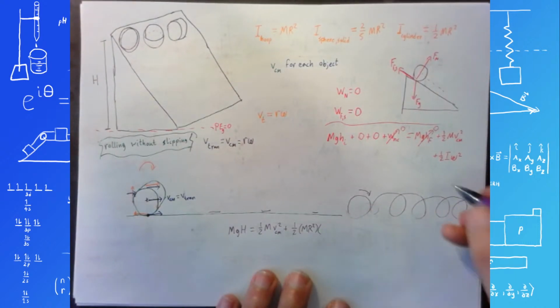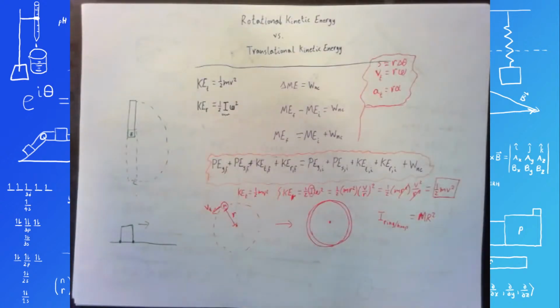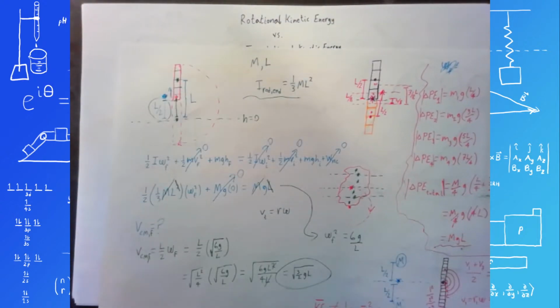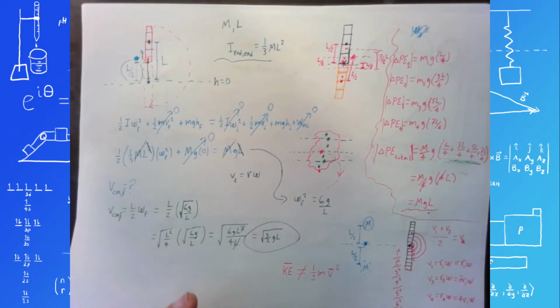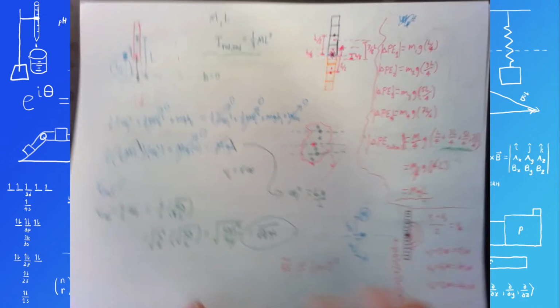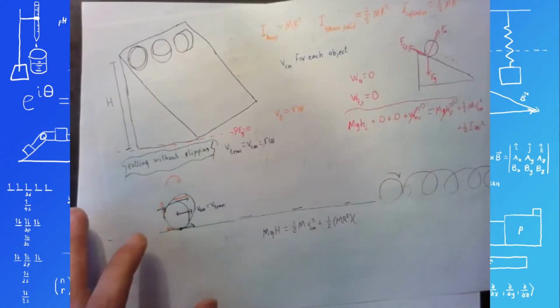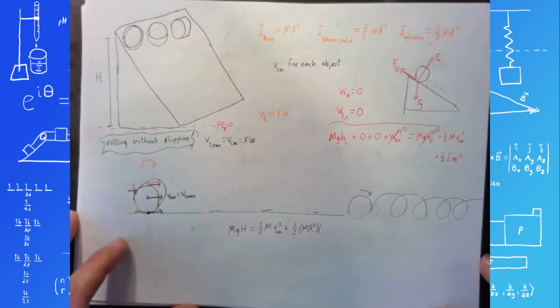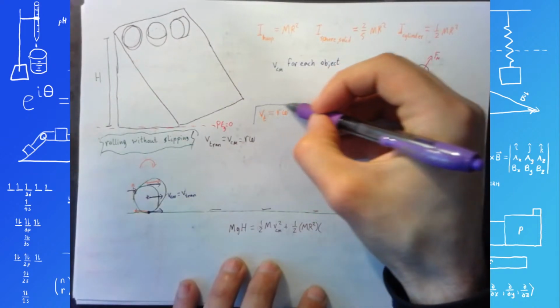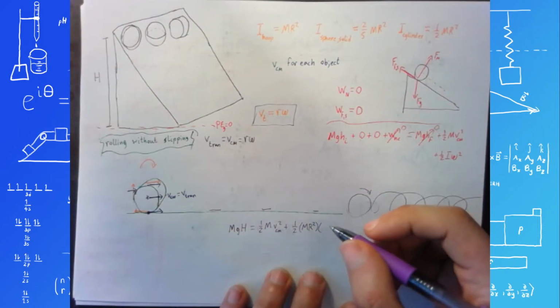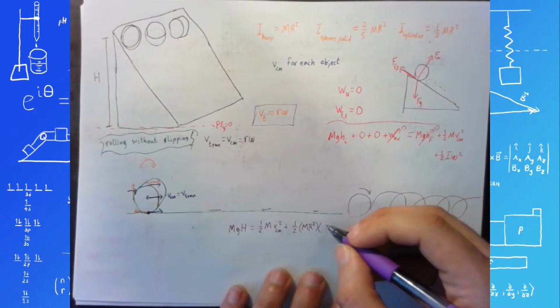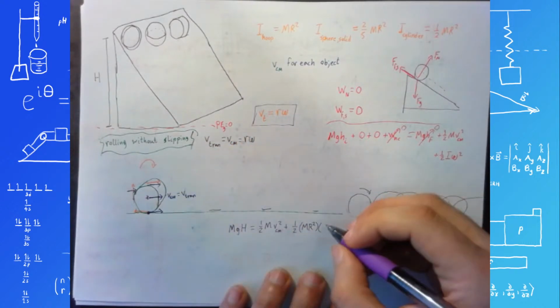And omega squared, I'm going to replace that very much like I did with, was it our previous example? I know I did it somewhere here for our previous example. Yeah, over here. V equals r times omega, or in other words, omega is equal to v over r, and this v tangential, for rolling without slipping, v tangential is equal to v center of mass.